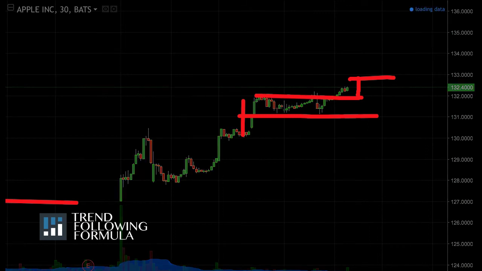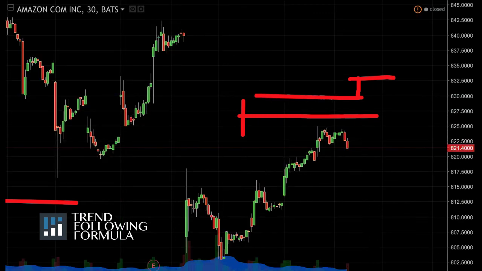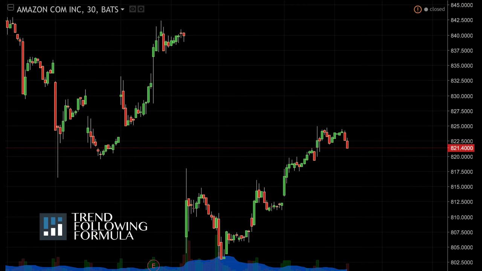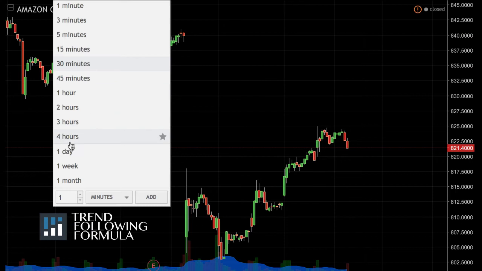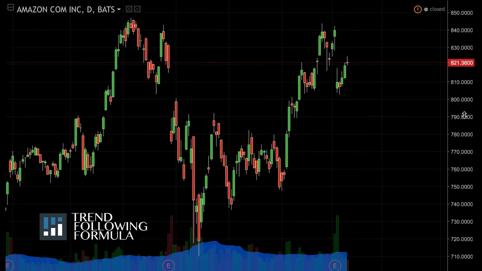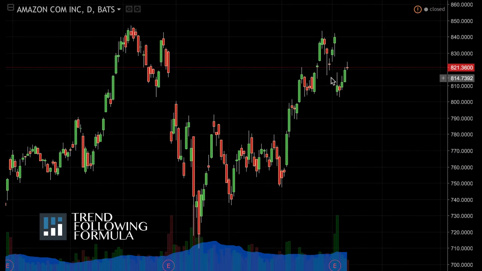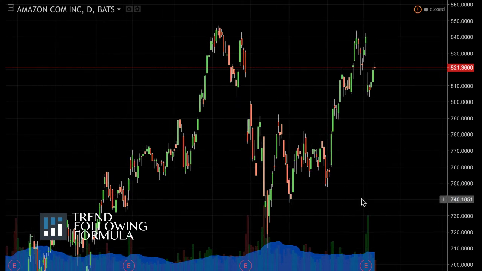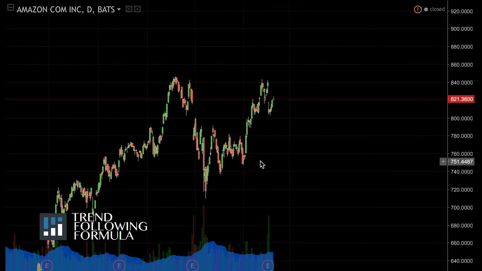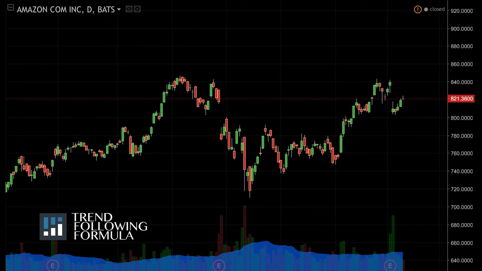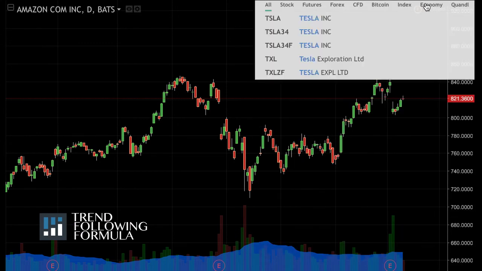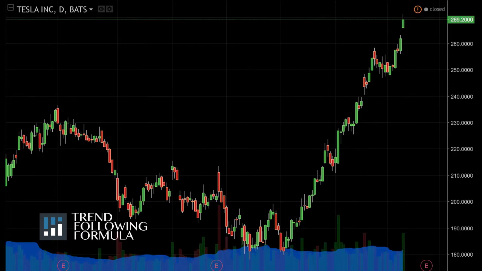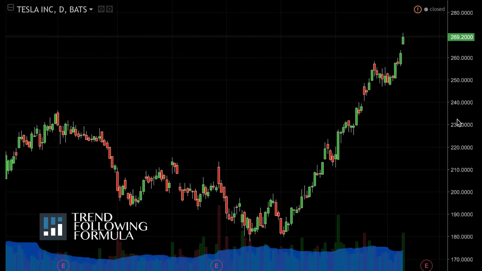Another example is Amazon. If we go to the 1 day time frame, see it's a bit choppy. However, this is a very strong uptrend. If we look at Tesla, it's the same story.